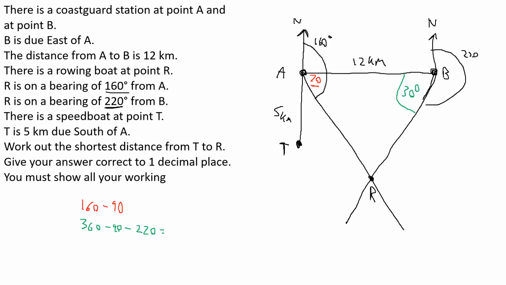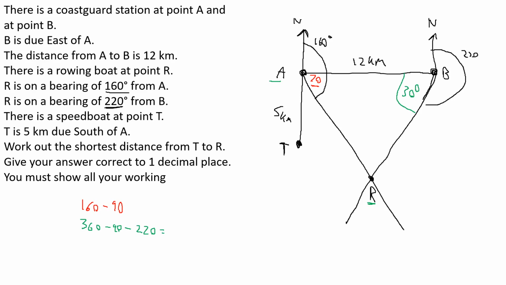So now we have two angles, don't we? What we can do here is work out what AR is, and then once we work out what AR is, we can work out what TR is.